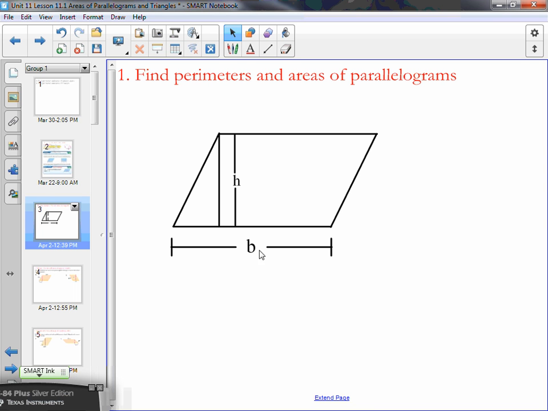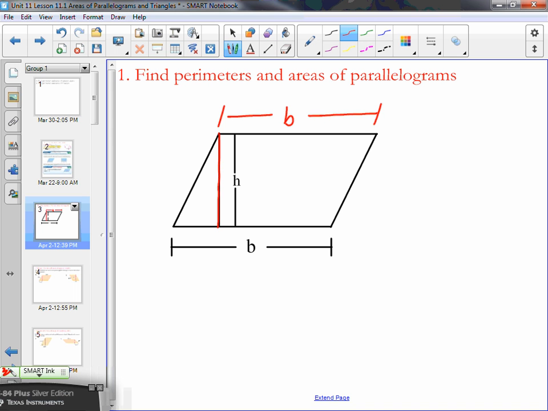The base is still one of the sides. The height's not. The height is this perpendicular distance between the two bases, because we can call that the base up here as well. Okay? You only need to call one of them base, but either one could be the base. All right?